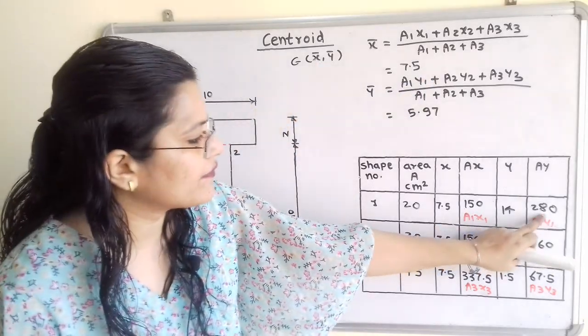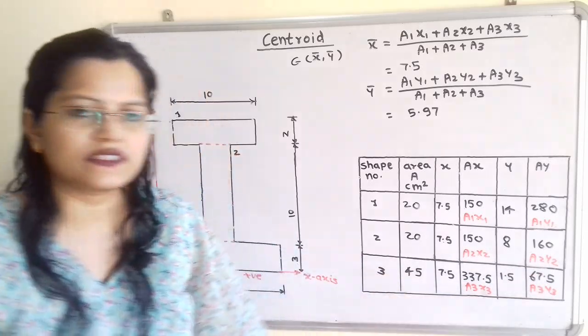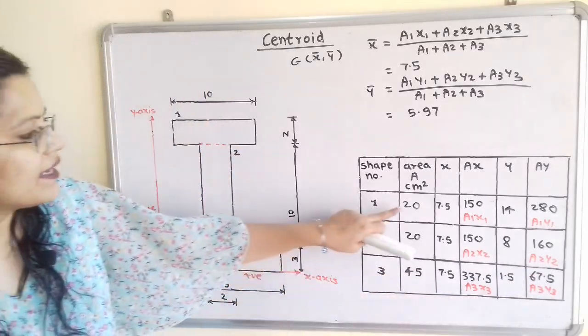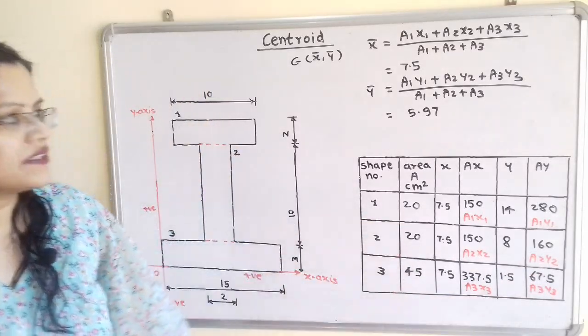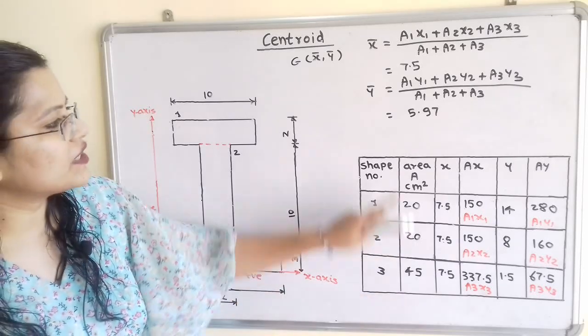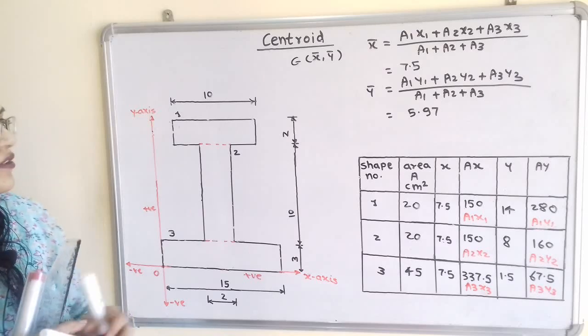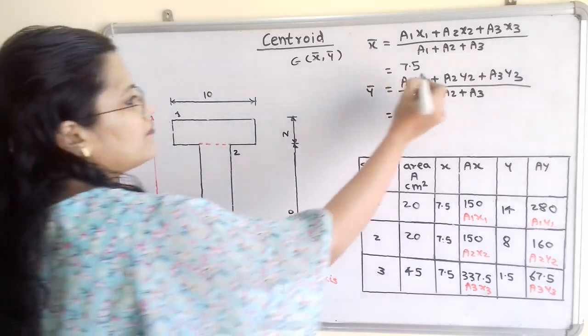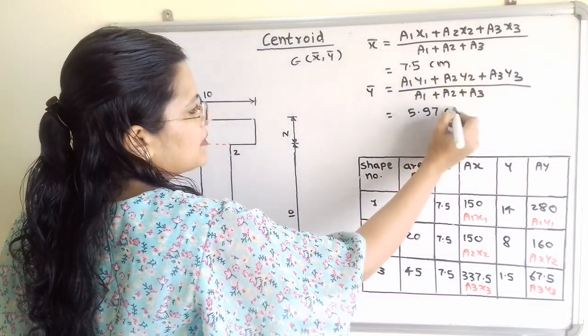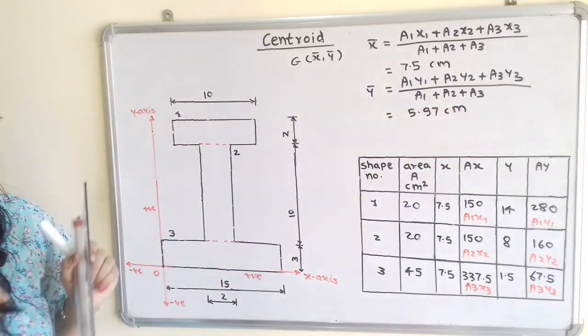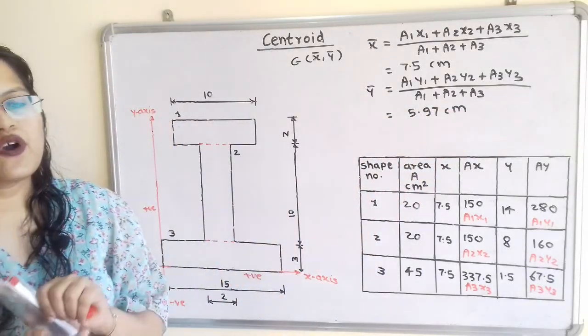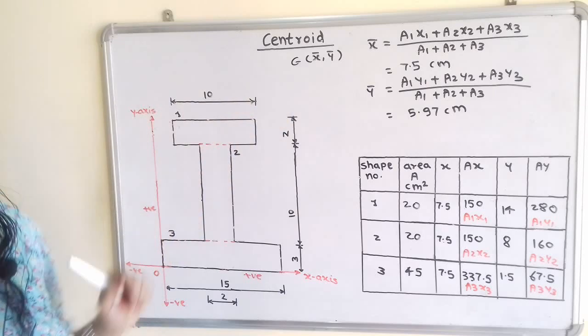That is equal to a1 y1 plus a2 y2 plus a3 y3 divided by a1 plus a2 plus a3. So when we calculate this, then we will get 5.97. So unit is centimeter. So we will use here the unit for x bar in centimeter and y bar is also in centimeter.